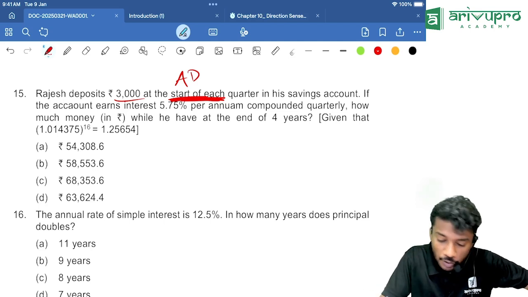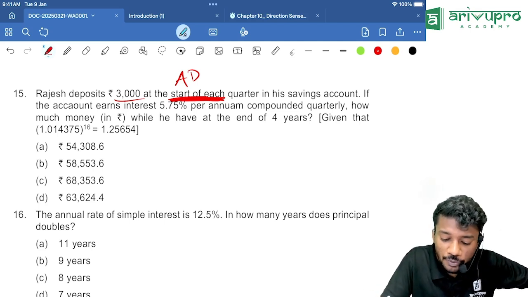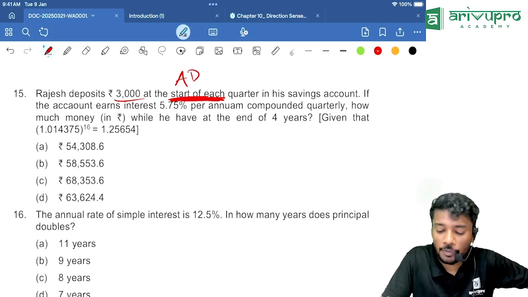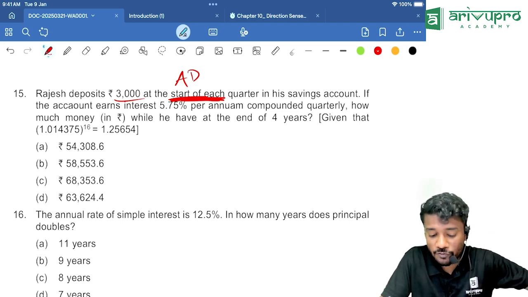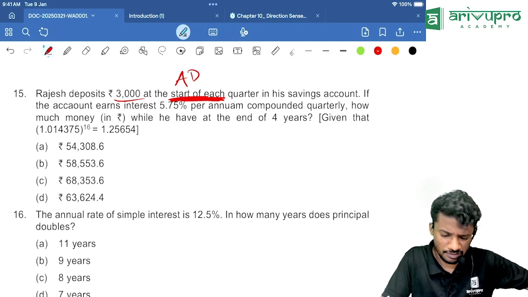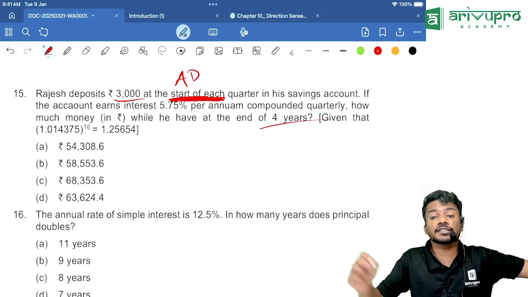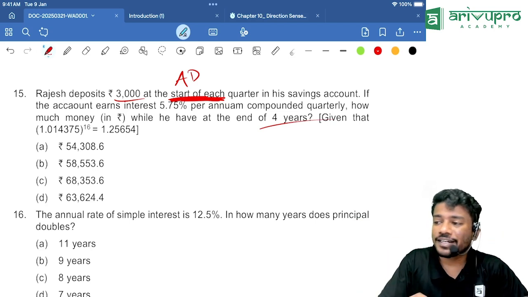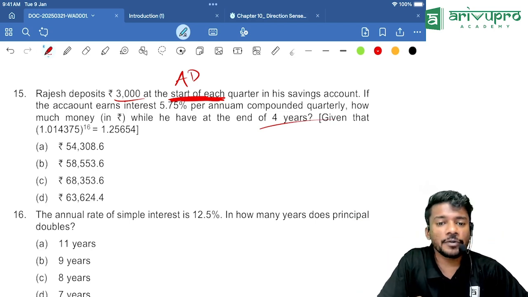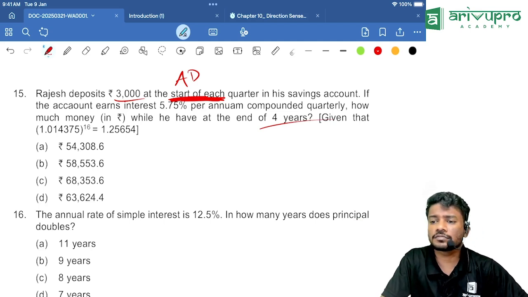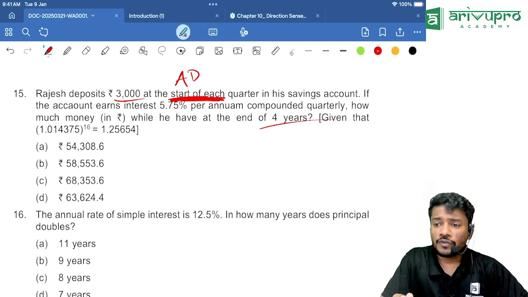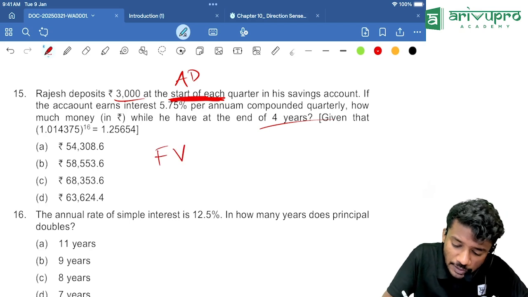If the account earns 5.75% per annum compounded quarterly, how much money will he have at the end of 4 years? What are we going to do? Future value of annuity due.